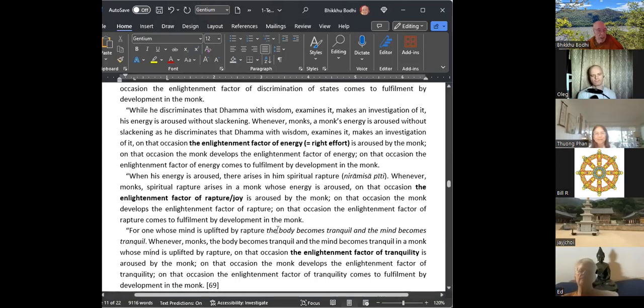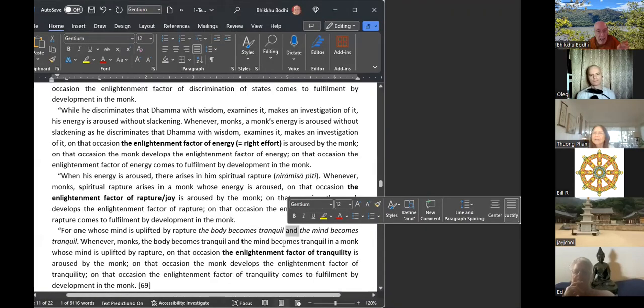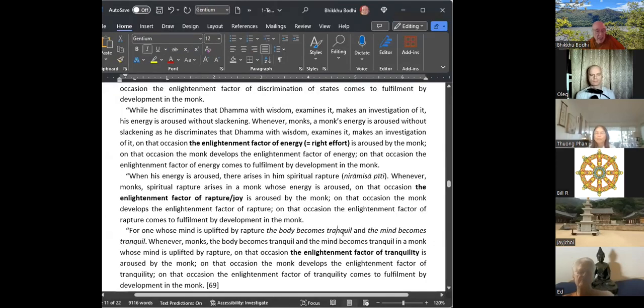I think it's important to note that the sutta uses the two phrases: the body becomes tranquil and the mind becomes tranquil. The English word tranquility is a little bit misleading, because usually tranquility implies just a peaceful state of mind.